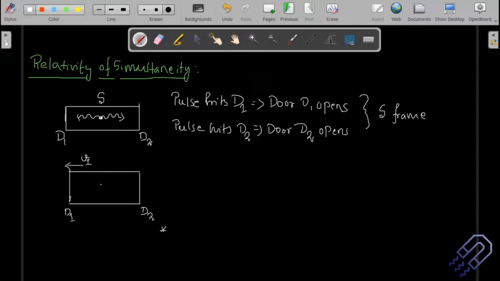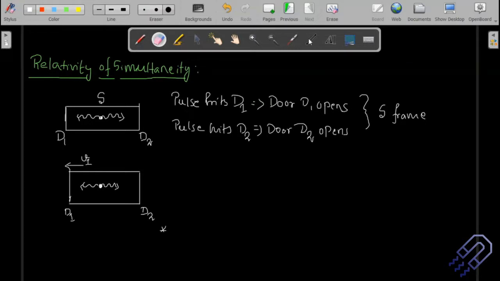The bulb switches on. The pulse is traveling in this direction, and the pulse is also traveling in this direction. Now imagine it's moving very fast, the velocity is very high. By the time the pulse reaches D2, D2 has already moved forward.